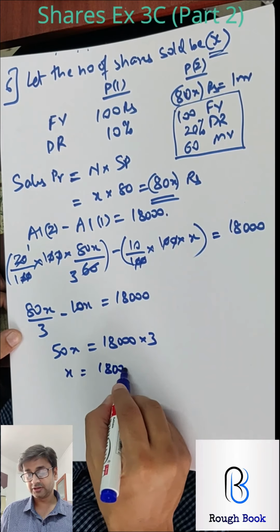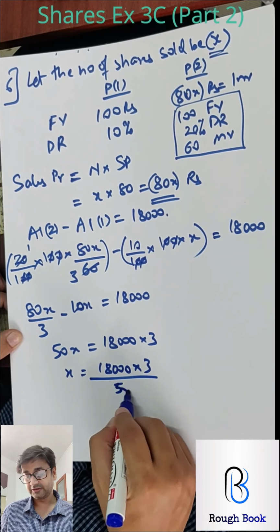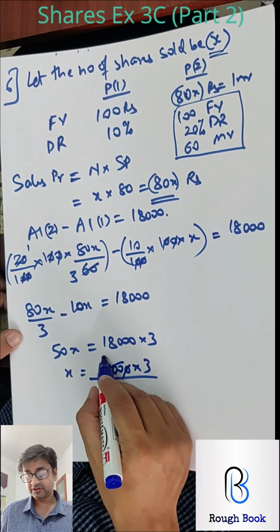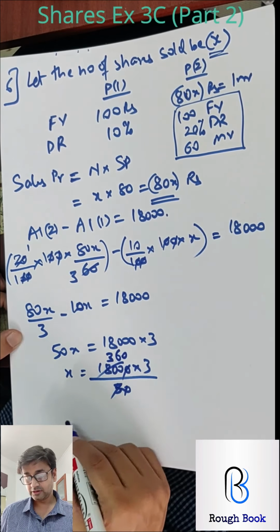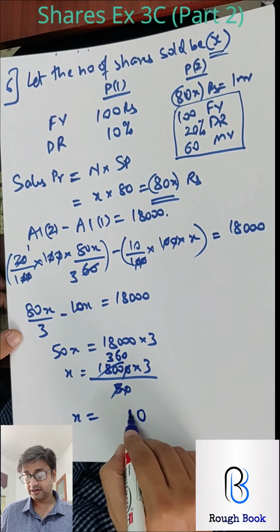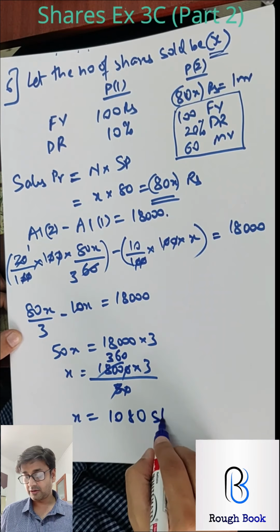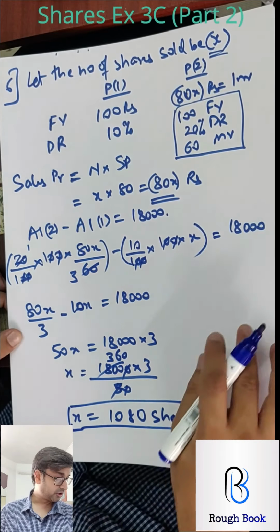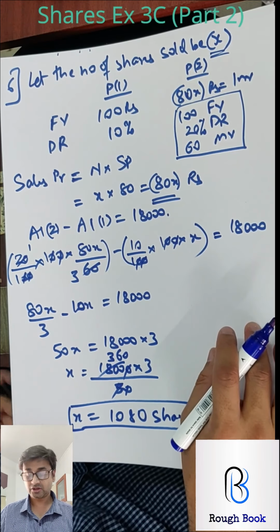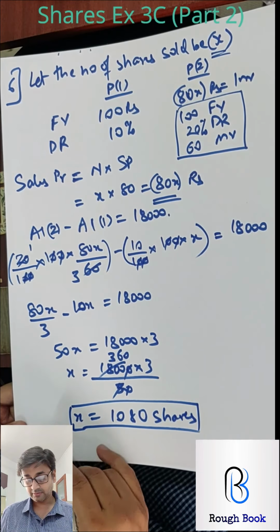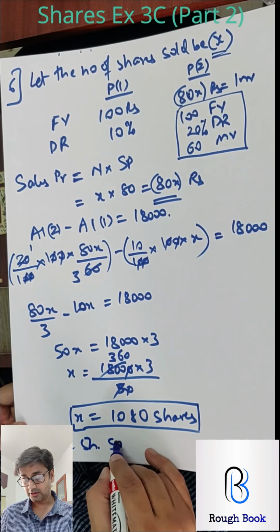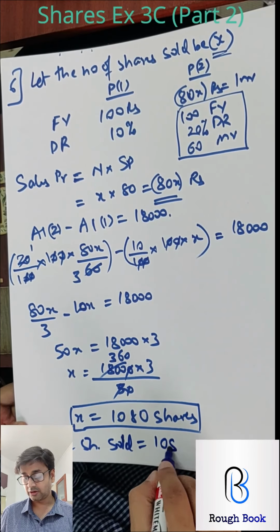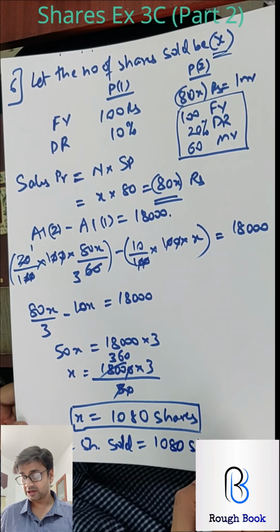So 18,000 into 3 by 50. x is 1080. So how many shares were sold originally? 1080. So your question is, find the number of shares sold by Gopal. So number of shares sold is equal to 1080 shares.